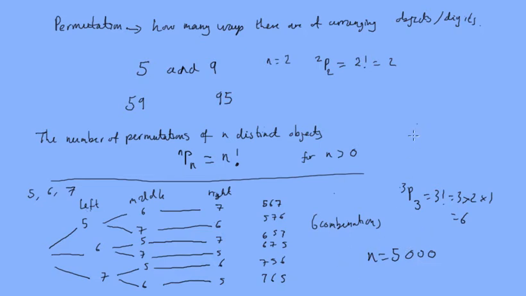Even if n was equal to 7, then 7 factorial would be 5,040 different ways of arranging 7 objects. So as you've seen previously with factorial functions, the numbers get big very, very quickly.